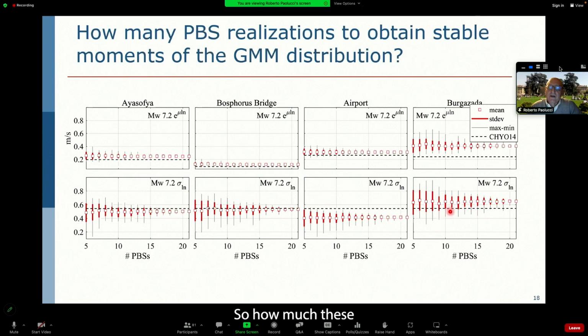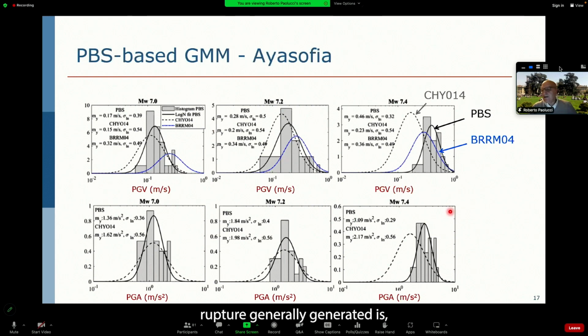So how much is this rupture generator representative? This is one of the issues that Martin and Rob were also introducing in their presentations. So, for example, how much should we be concerned about super shear rupture slip distributions and velocity models?